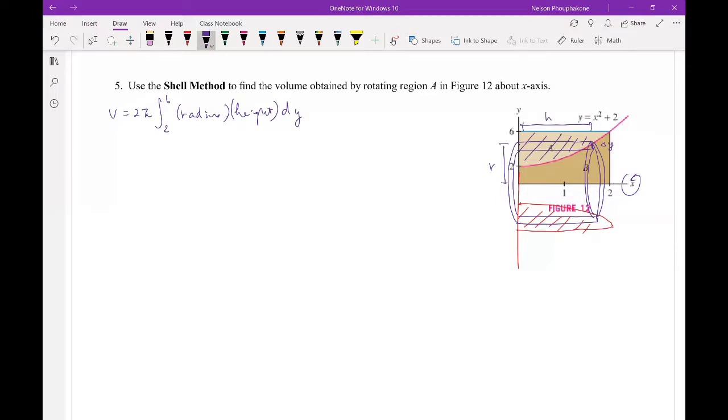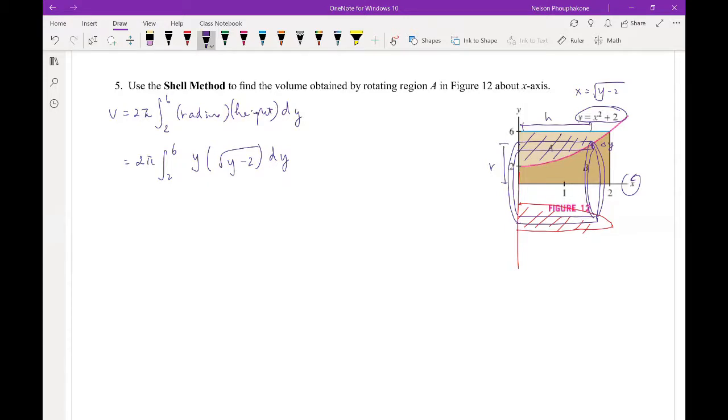Okay, so now let's think about this. You will see that for the height, we need to solve for x. So x is equal to y minus 2, and then we take the square root, right? And then now, basically, the r is the y. So I will have 2 pi integrate between 2 and 6 of y times square root of y minus 2 dy.